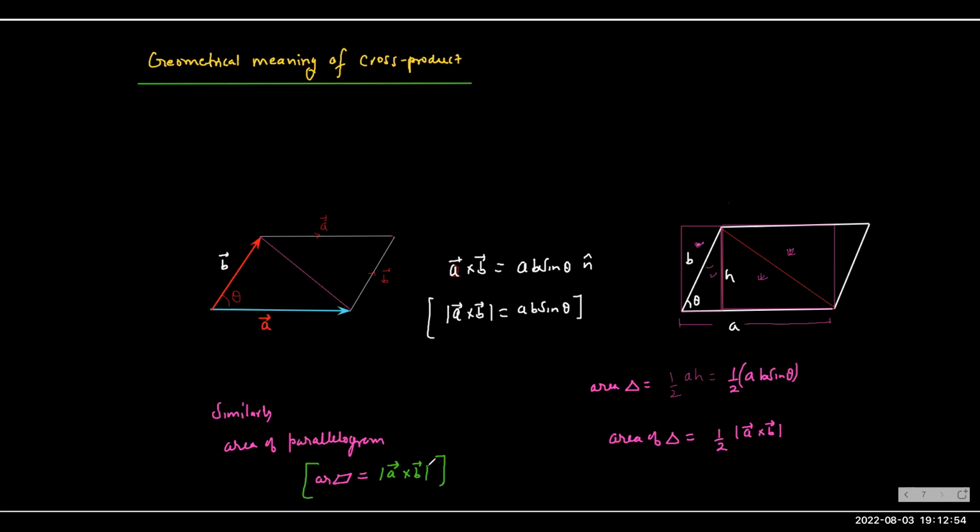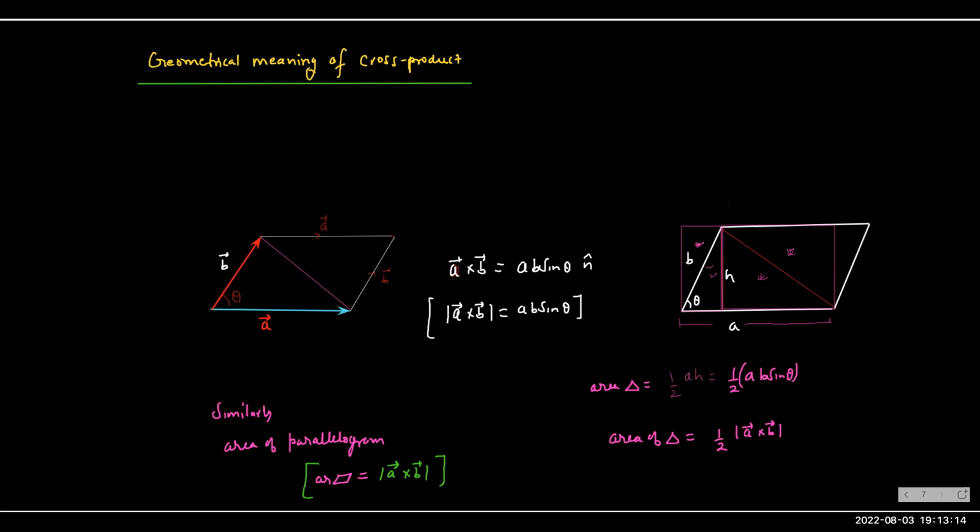So the A cross B is actually giving you the area of a plane surface, or area of a parallelogram in which A and B are the two adjacent sides.